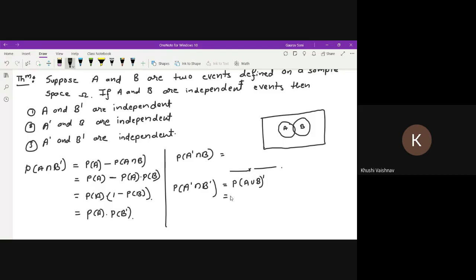So the probability of (A union B) complement is nothing but 1 minus the probability of A union B, right? Which can be written as 1 minus, in bracket, what is the formula? Probability of A plus probability of B minus probability of A intersection B.